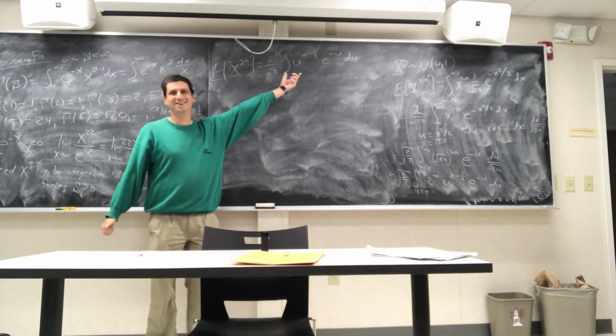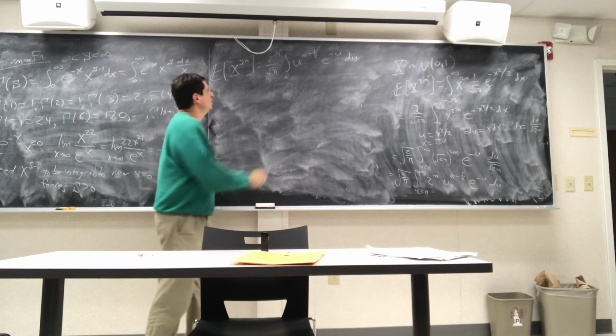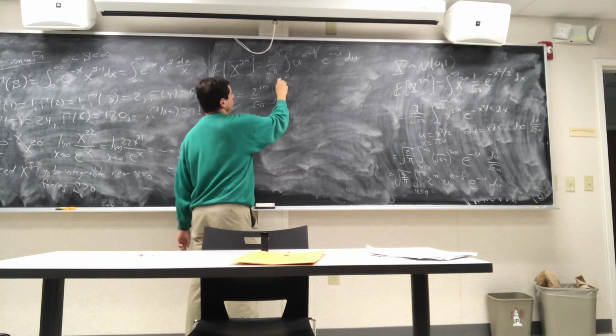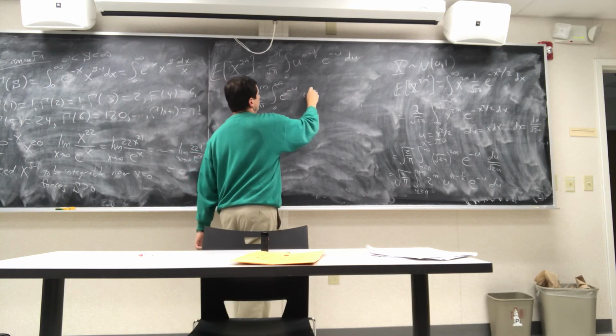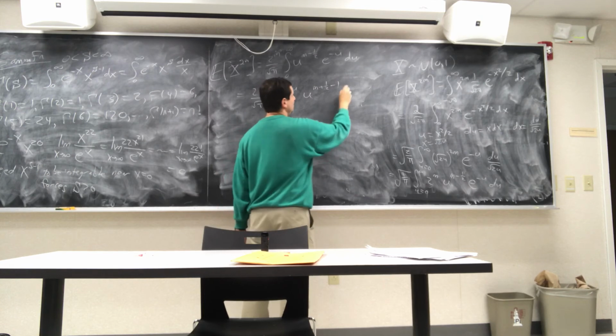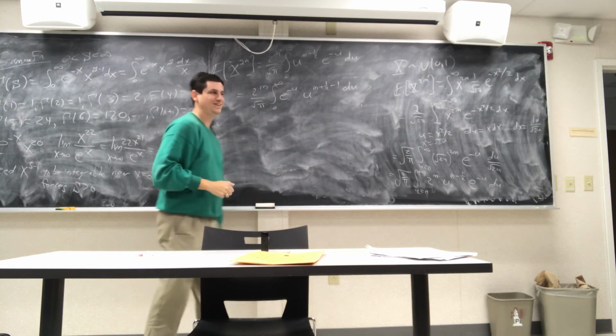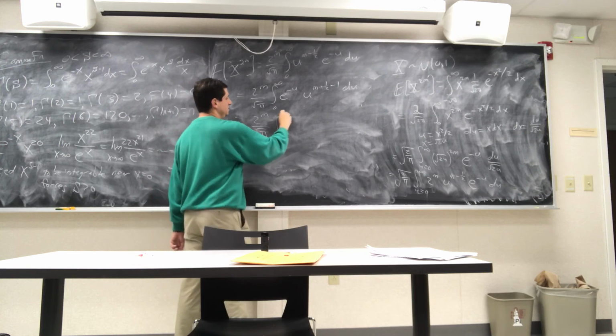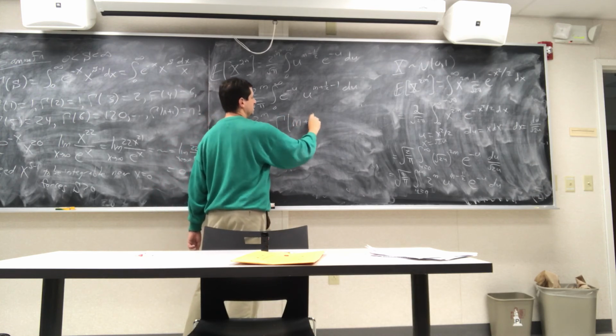What does this look like? Yeah, it looks like a gamma function. Let's just rewrite it in a better way: 0 to infinity, e to the negative u, u to the m plus a half minus 1, du. So this is just 2 to the m over square root of pi, gamma of m plus a half.